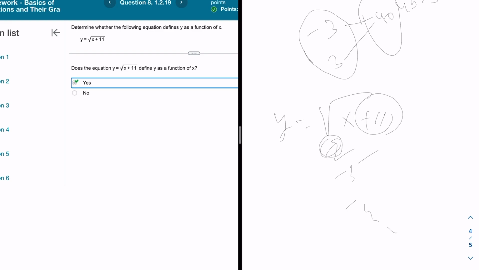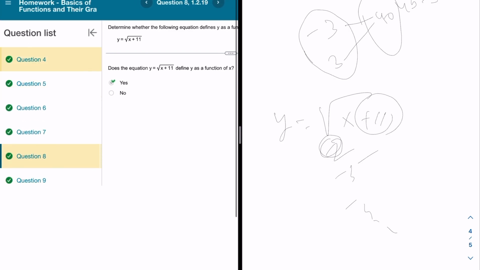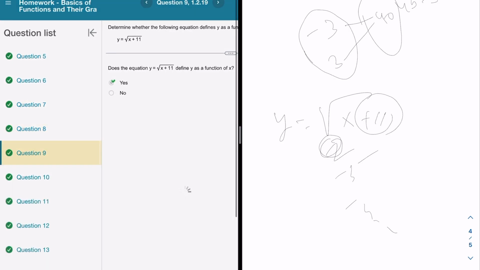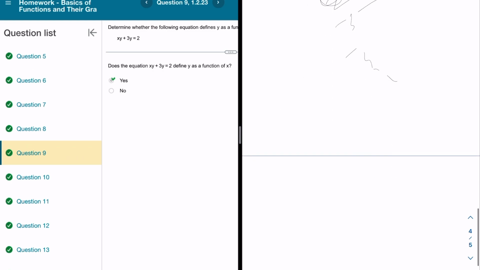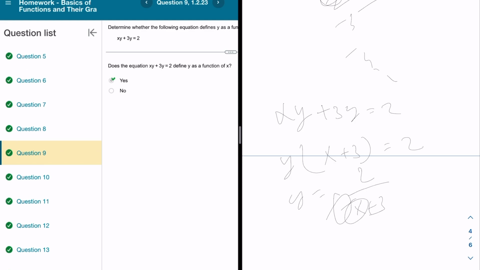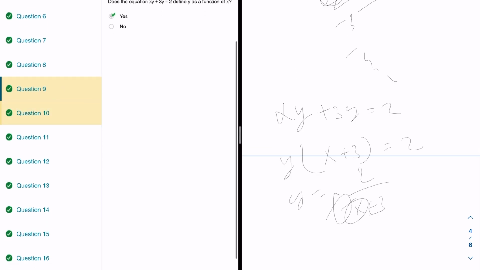So this is a function. Again, the equation is xy plus 3y equals 2, y(x plus 3) equals 2, y equals 2 by x plus 3. If you plug in any number for x, it will always give a single y. So this is also a function.